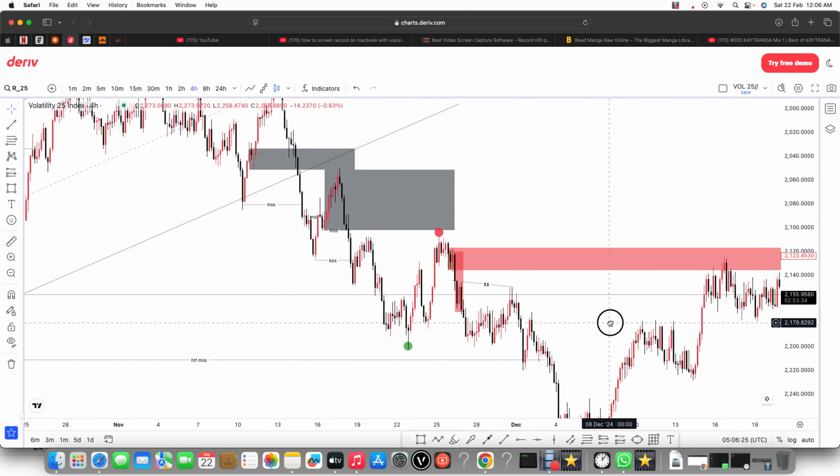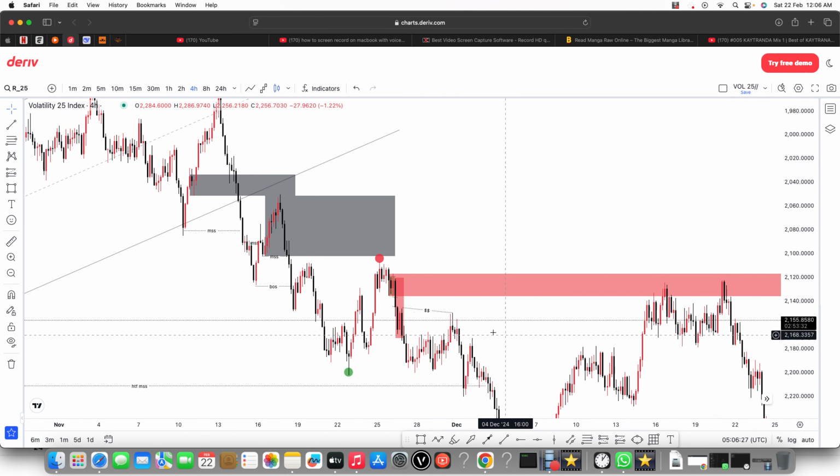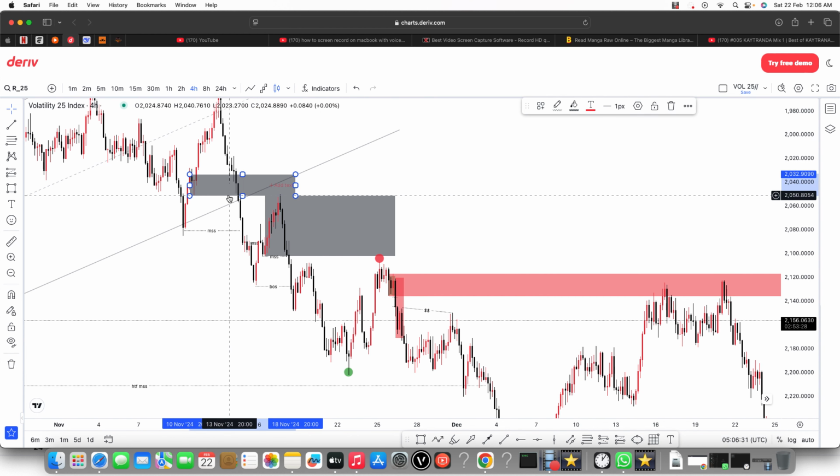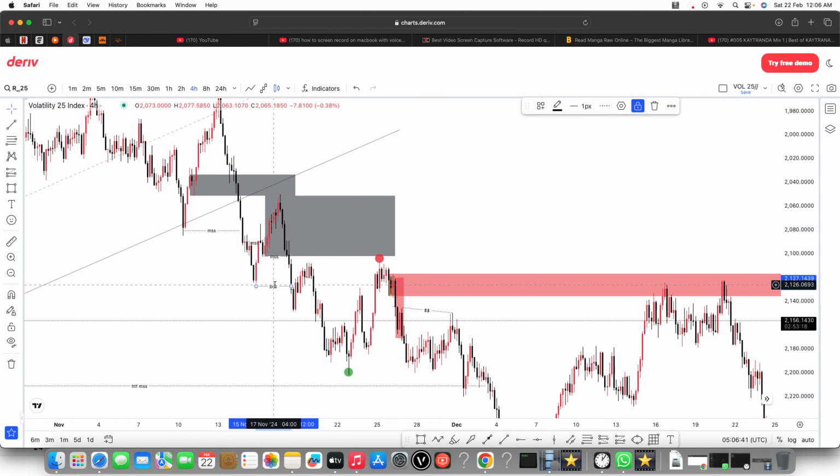Now let's go back to right here. So we had the market structure shift that took place at this particular point. And this is the pivot point of the market. And the break of structure signifies that the trend has started.